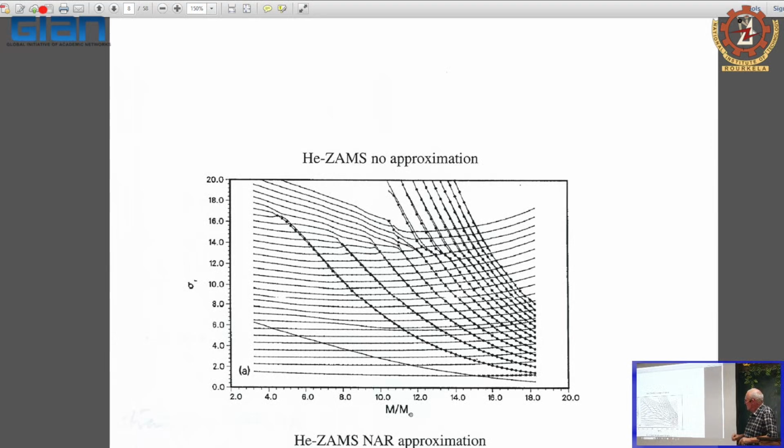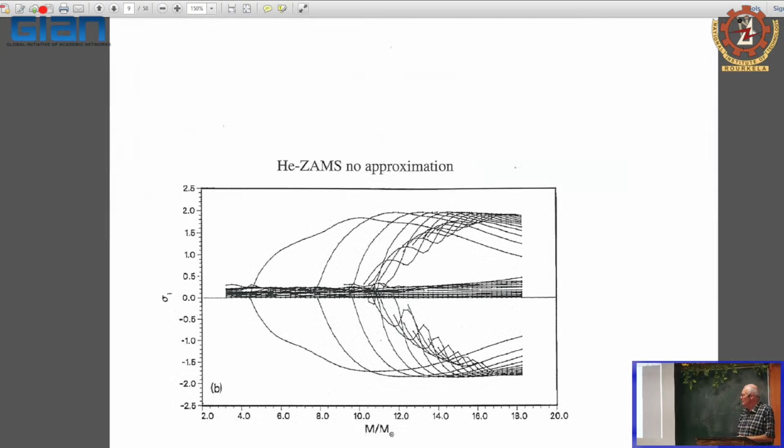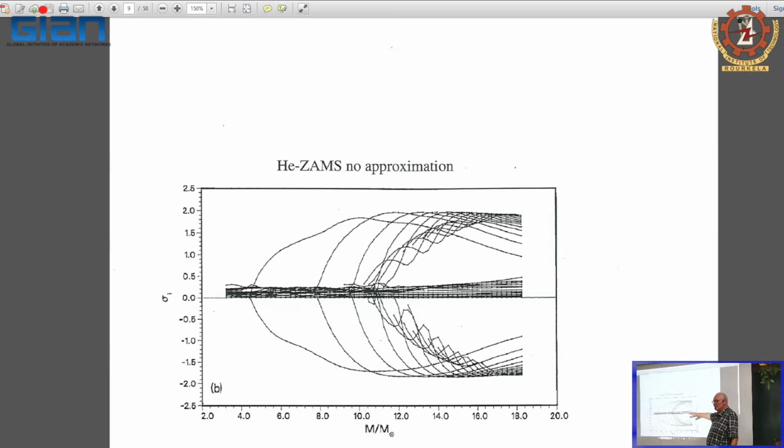So if we consider now the imaginary part belonging to that, what we observe is the following. We have lots of modes which have positive values of sigma I. These are stable, and these are essentially the normal modes. All the normal modes are stable and have positive values of sigma I. But once these strange modes enter the diagram, they seem to come in an almost complex conjugate pair.